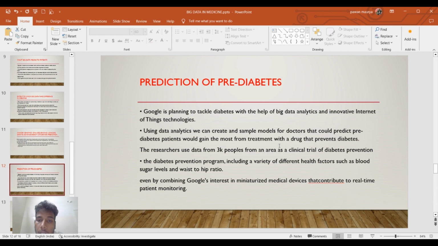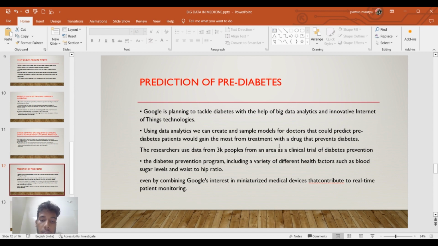Prediction of prediabetes. Google is planning to tackle diabetes with the help of big data analytics and innovative Internet of Things technologies. Using data analytics, we can create a sample model for doctors that could predict which prediabetes patients would gain the most from treatment with drugs that prevent diabetes.